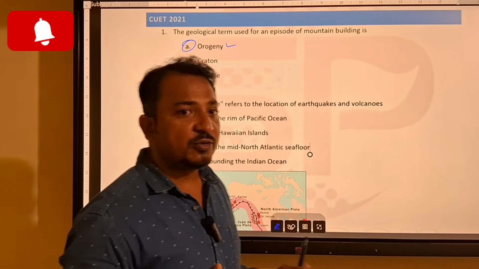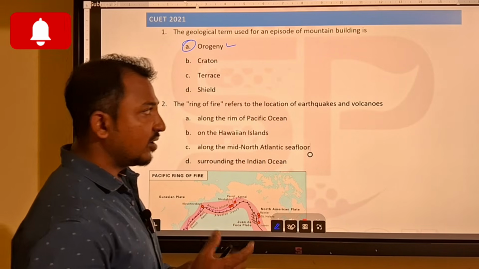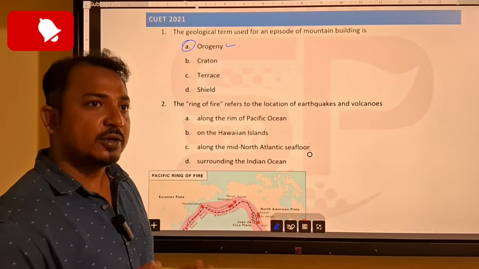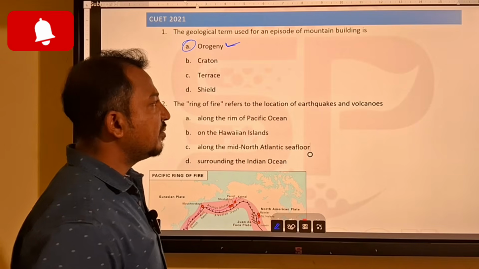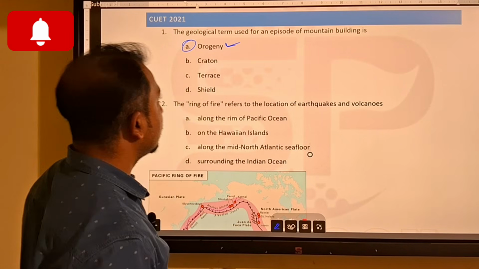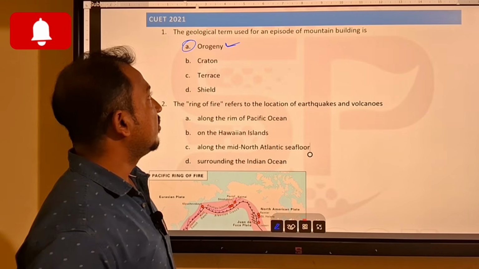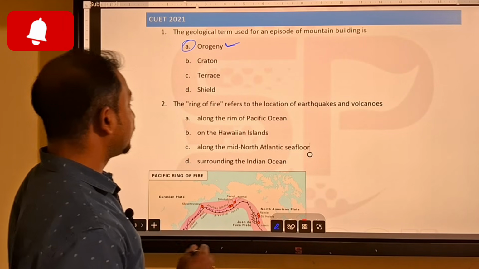Any mountain produced because of horizontal movement. And epeirogeny is another term used when there is vertical movement of the lithosphere or crust. So horizontal movement is called orogeny, vertical movement is called epeirogeny. The mountain building process is called orogeny because of horizontal compression of the plates.